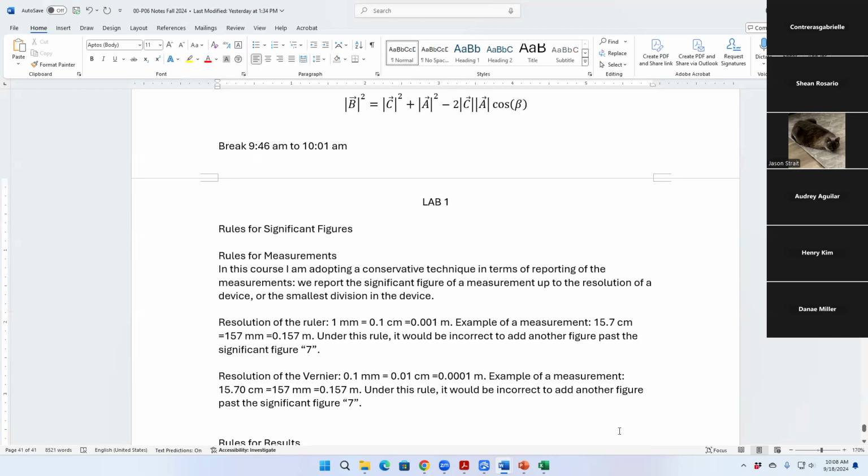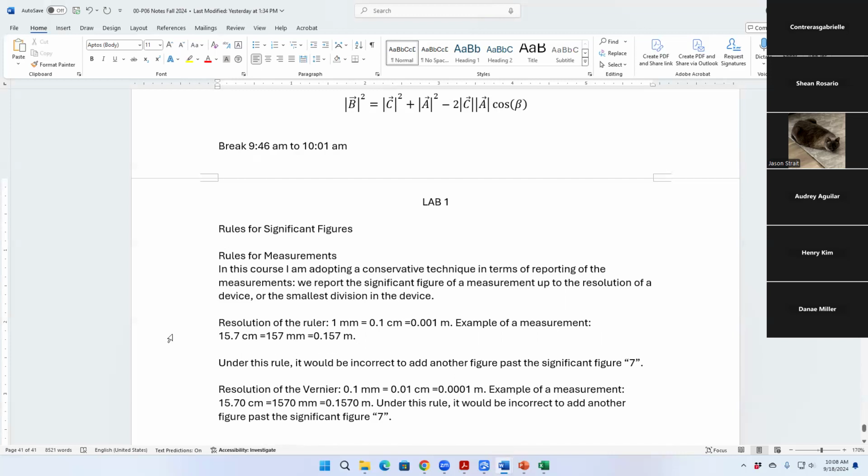Now this 0 is a significant figure, and we can add it here. For this specific measurement, we have the ruler first. Example of a measurement like that. Let's organize it better.